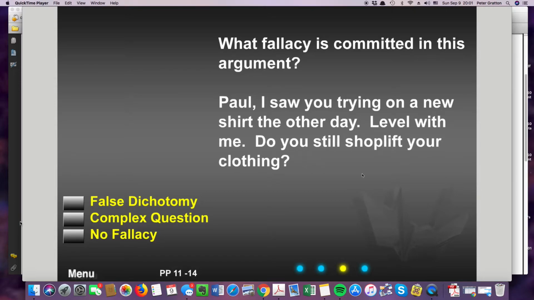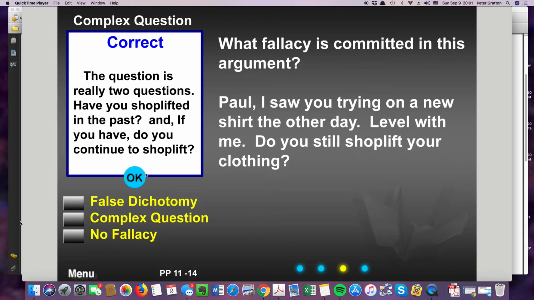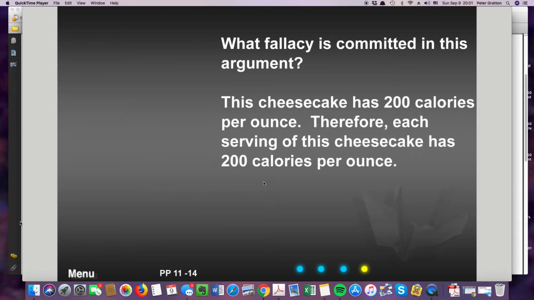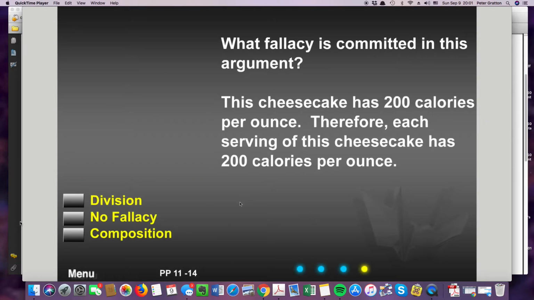If he answers no, he was once upon a time shoplifting. So in other words, it presumes that he is a shoplifter, at least in the past. So it's a complex question, right? The question is really two questions. Have you shoplifted in the past? And if you did, do you continue to shoplift? Also, the giveaway there was the question mark at the end.